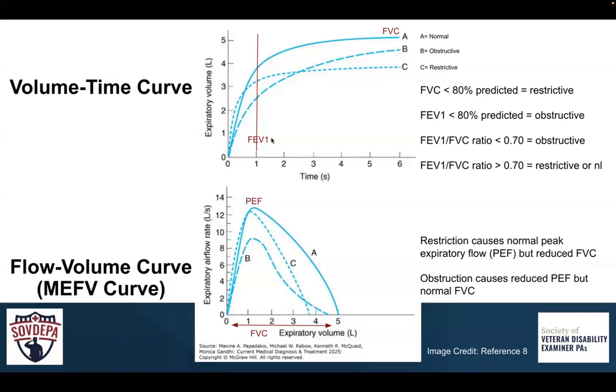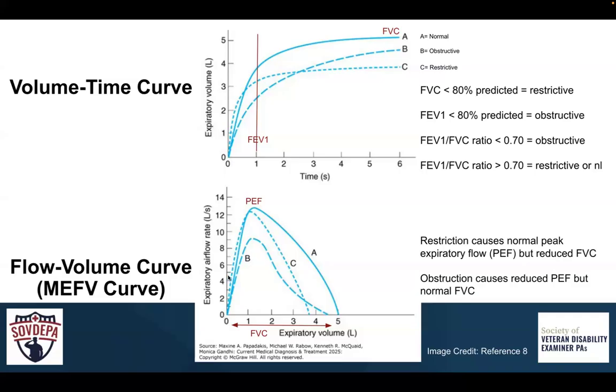So we're going to look at restriction now, okay? And we're going to contrast that with normal and obstructive. So C is restriction, okay? You'll see the FEV1, it's pretty close to the FEV1 on the normal, but it's the FVC that's significantly reduced compared to the normal.